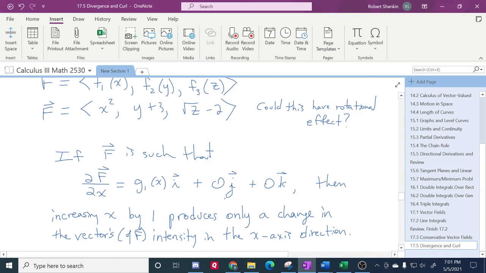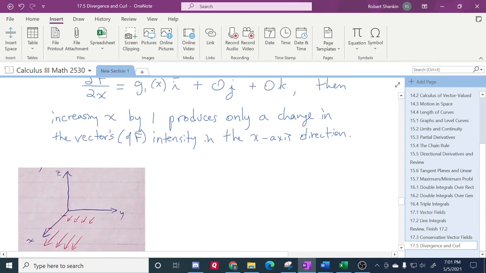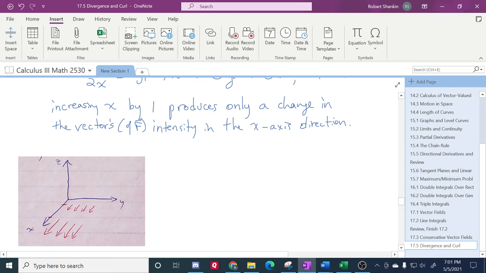Now, the graphical interpretation of that is like this. When I move 1 unit in the x direction, I can't change the y component and make it go further to the right or further to the left. I've got to keep it exactly in the same direction as far as y and z goes.